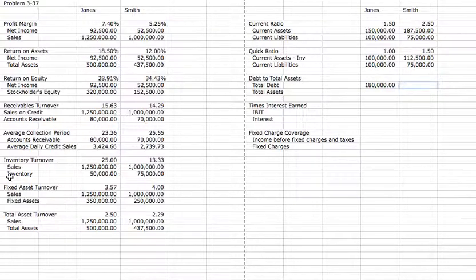And for Smith Corporation, it will be our short-term liabilities and our long-term debt, bonds payable, $285,000. Total assets for both companies, Smith Corporation is $437,500 and Jones is $500.